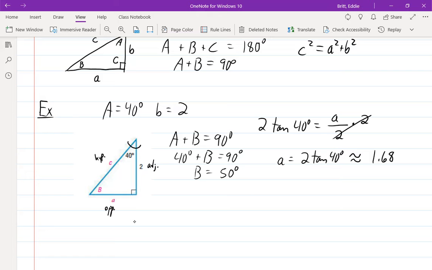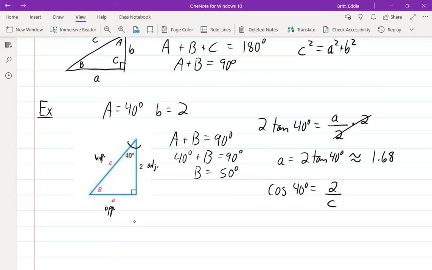So that's what? Cosine, right? Cosine is adjacent over hypotenuse. So the cosine of 40 degrees is equal to the adjacent side over the hypotenuse.